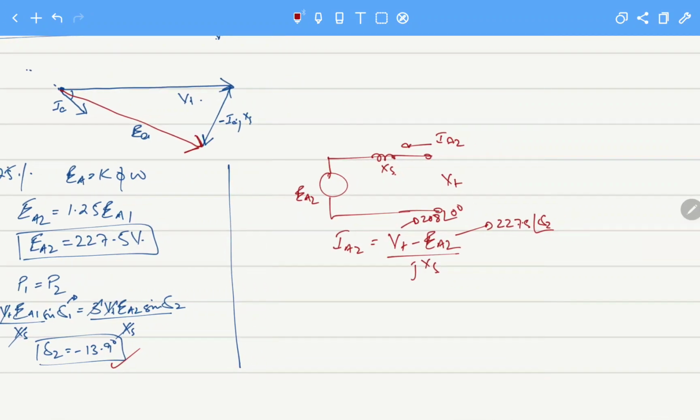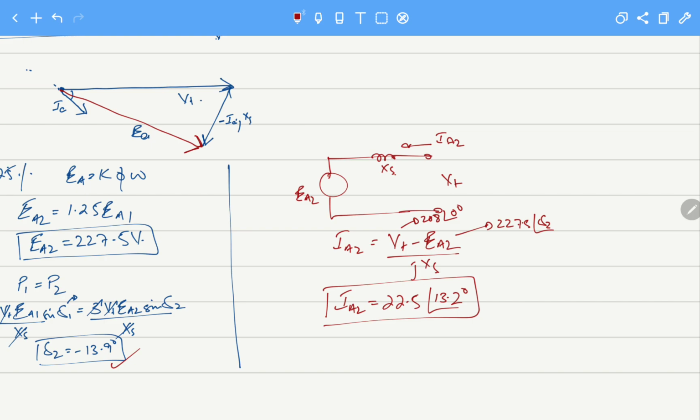By solving this, we can calculate the value of IA2, and it will become 22.5 with angle 13.2.